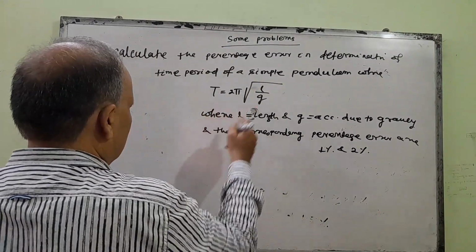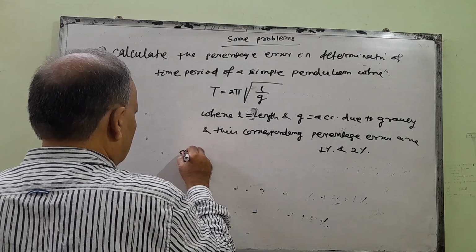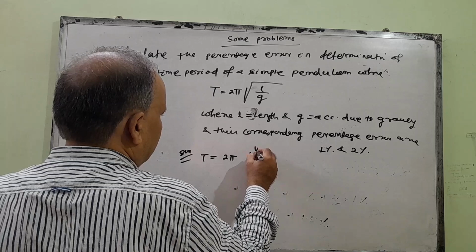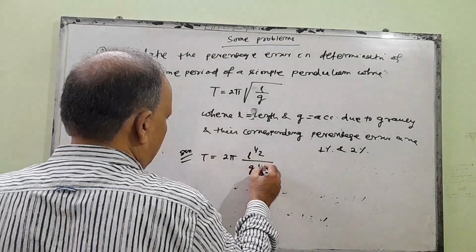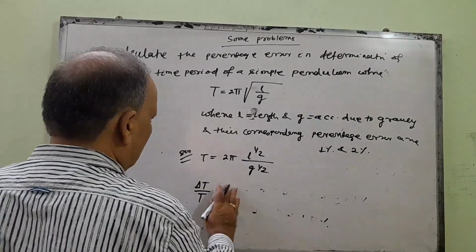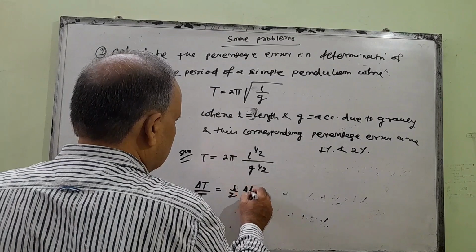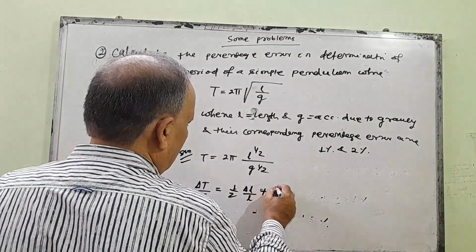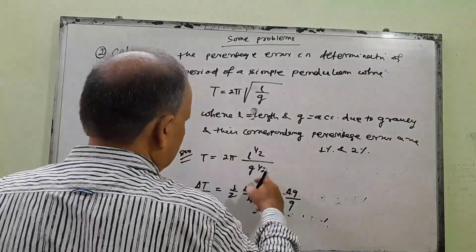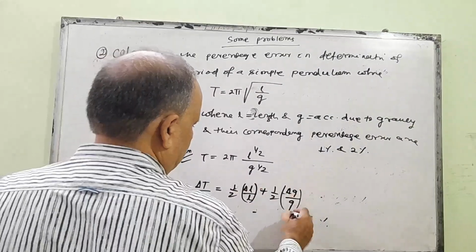You see, from this formula you can write the solution. T is equal to 2 pi, you can write L to the power half by g to the power half. So delta T by T, the relative error, is half into delta L by L plus half into delta g by g, because it is divided, so their relative errors are added.